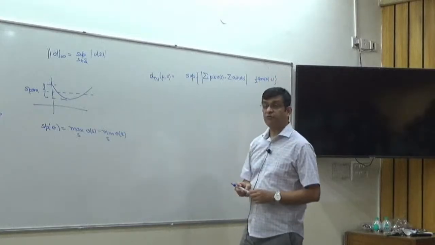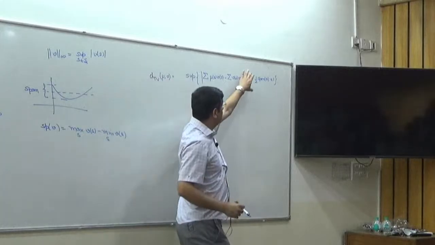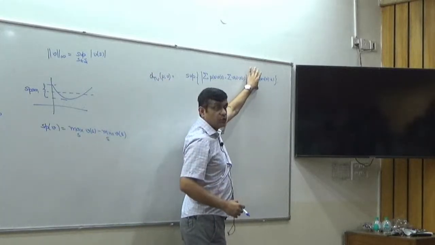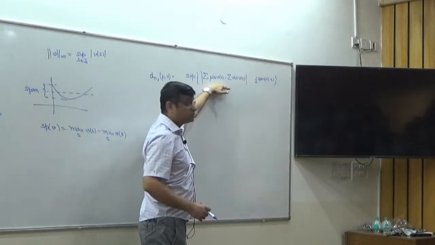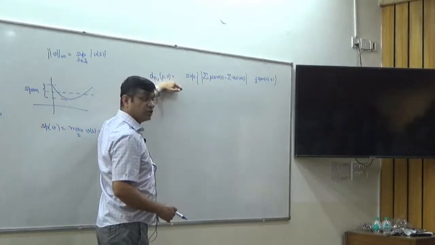So, I define a set of functions, which is the functions whose span norm is less than or equal to 2, or half of their span norm is less than or equal to 1, and I say what is the maximum distance that I can get between these two distributions. I will define that as the total variation.